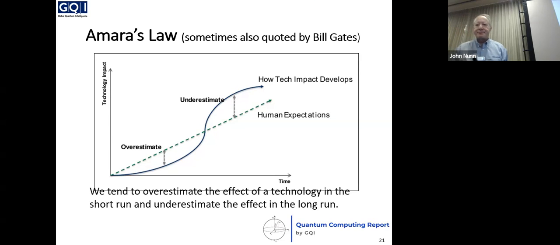When the first computers were designed in the 1940s and 1950s, some of the early pioneers would never have predicted Facebook or LinkedIn or Twitter or social media or any of the things that we use today.